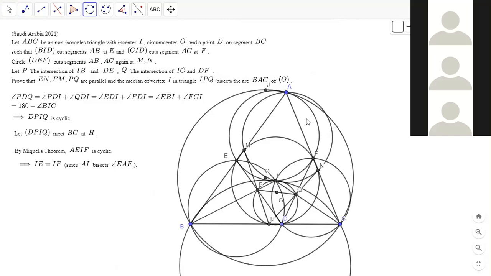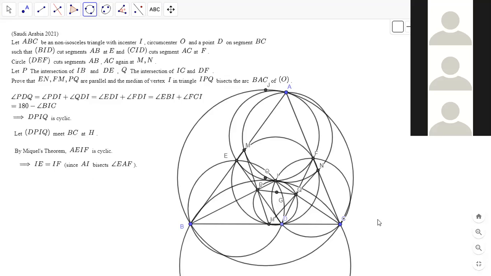Do we need point H at all? Maybe not. I thought we used point H to prove that PQ is parallel to EN, because basically we showed angle HQP, HDE is HNE, so I thought that's how we showed EN is parallel to PQ, but I'm not sure.